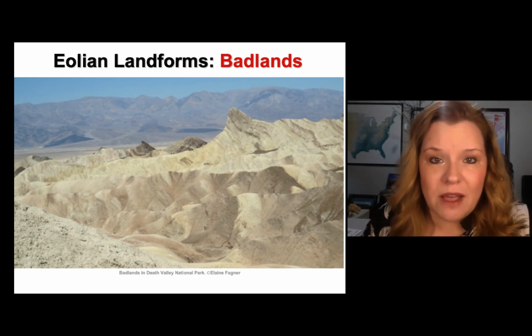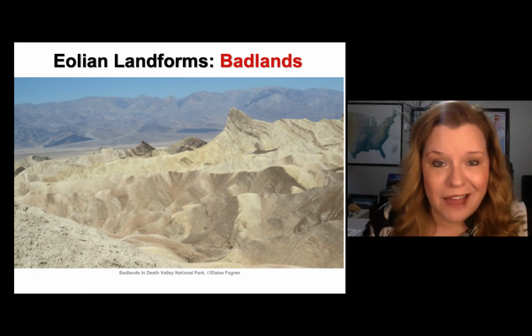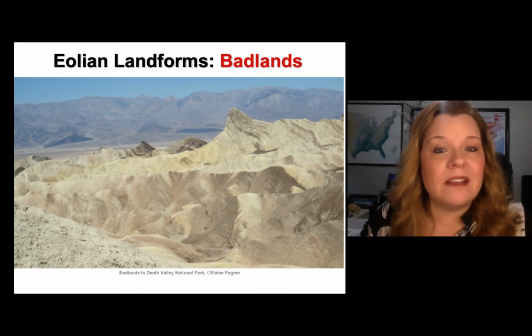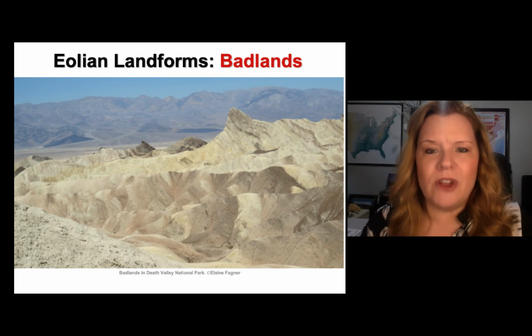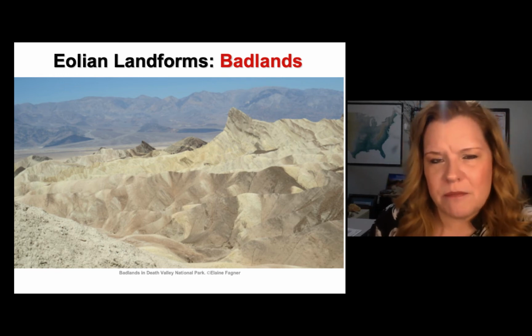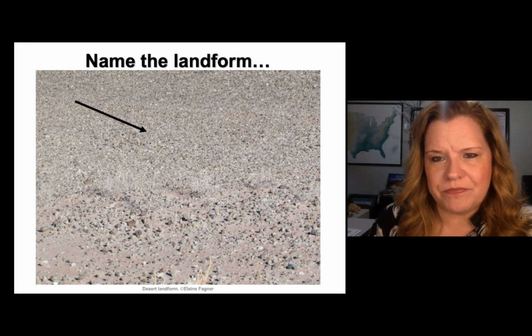This is a form of badlands in Death Valley. So when you think of this region, I want you to be thinking, okay, this would be a pretty tough area to live. And it is, because it is very dry, very barren, and that's one thing to keep in mind as you're traveling through the desert.